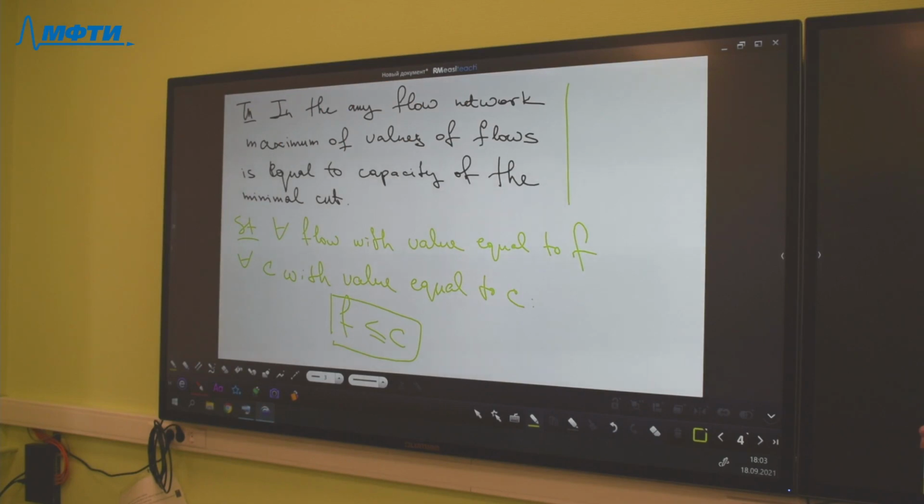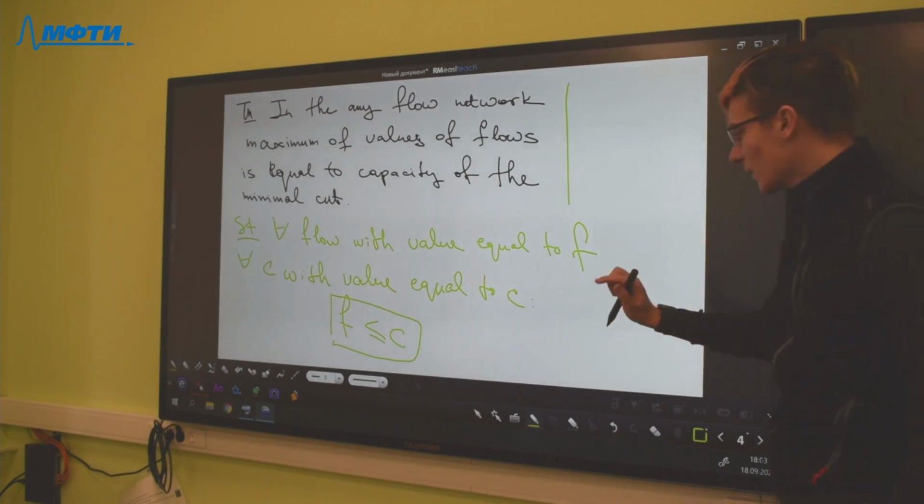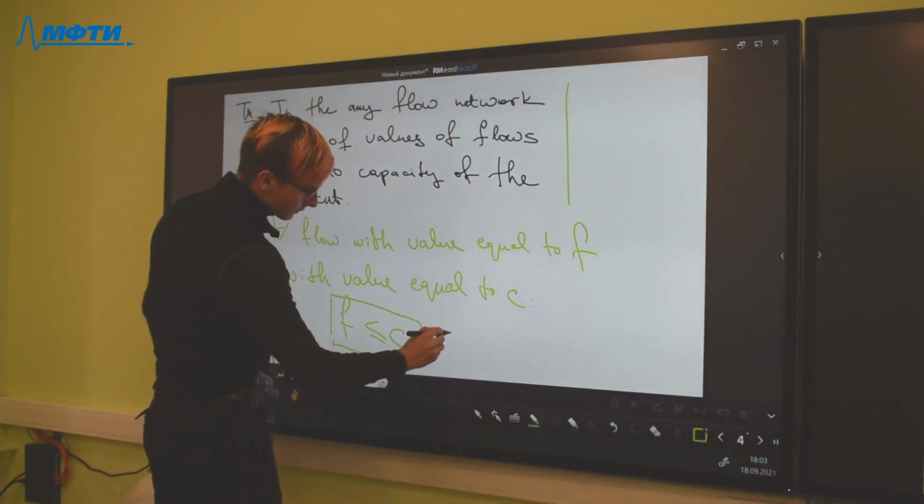I forget how to translate it. Weak duality, yeah. It is weak duality.